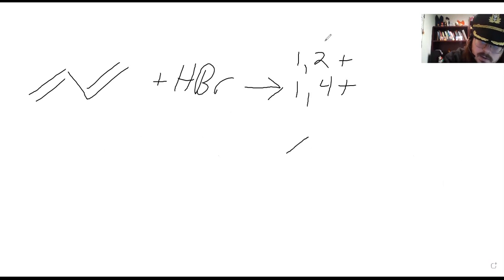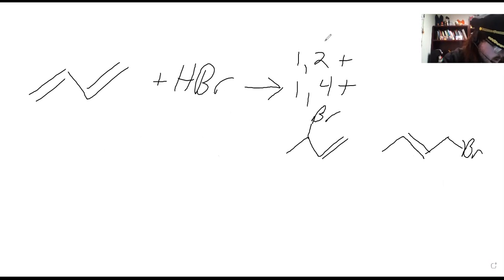You're going to get the bromo 1,2, and you're also going to get the 1,4. And this is a Markovnikov addition. So how do we explain this?